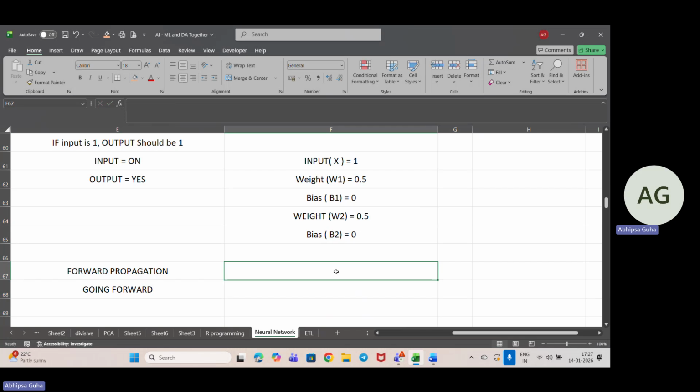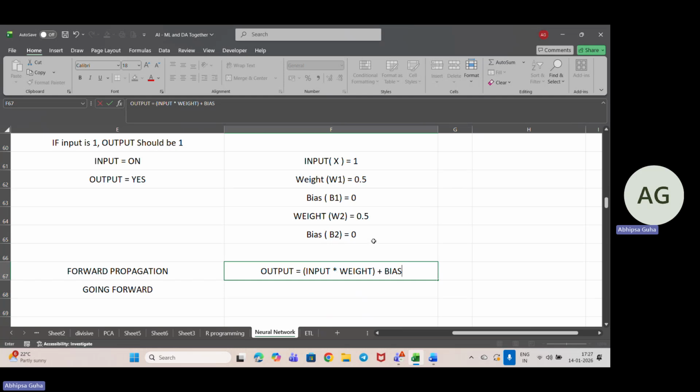Forward propagation, that is going forward. Basically, what happens? Let the neurons try to answer. That is the first step, the guessing part. So what is the output? Output is basically input times weight plus the bias. Right? This is how it works.